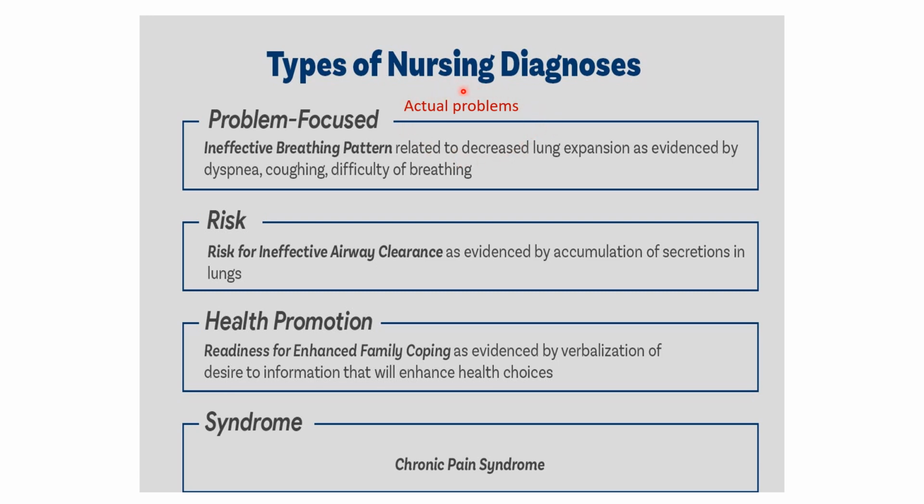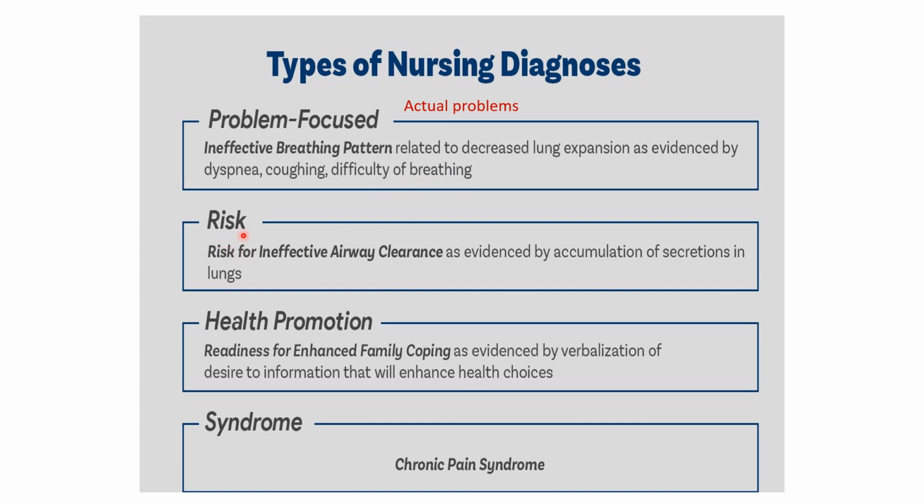So you will not be able to get the marks if you write the risk problems, or the health promotion problems, or the syndrome problems. So always be keen on what the question requires. An example of a problem-focused or actual diagnosis is ineffective breathing pattern related to decreased lung expansion as evidenced by dyspnea, coughing, or difficulty in breathing.